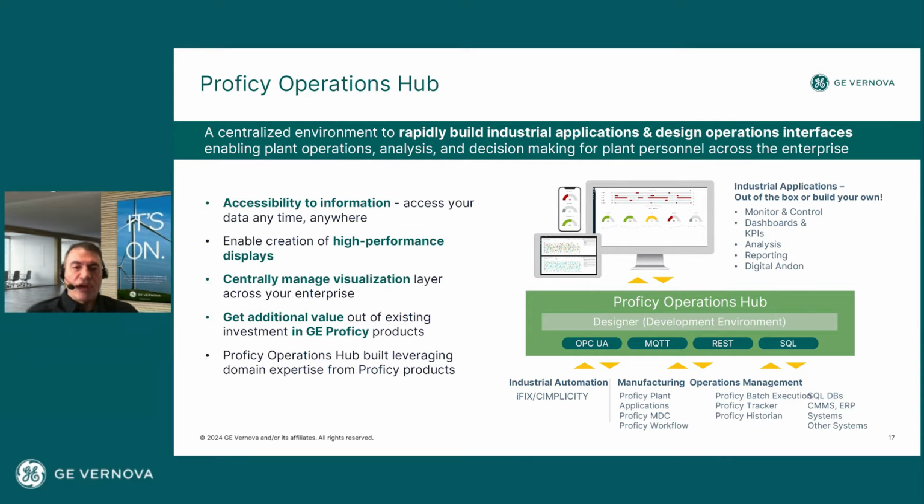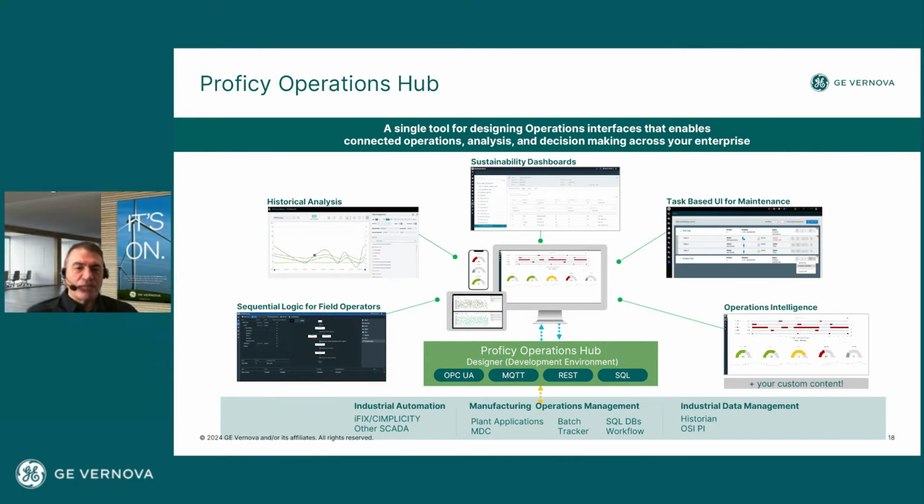And again, what we've done here is develop some tools specific to HMI. With Operations Hub, we also provide several out-of-the-box applications for things like historical analysis on top of your Historian data. You can create dashboards. We've got some templates for things like our AI solutions, where you'd ultimately see the results of a lot of that.